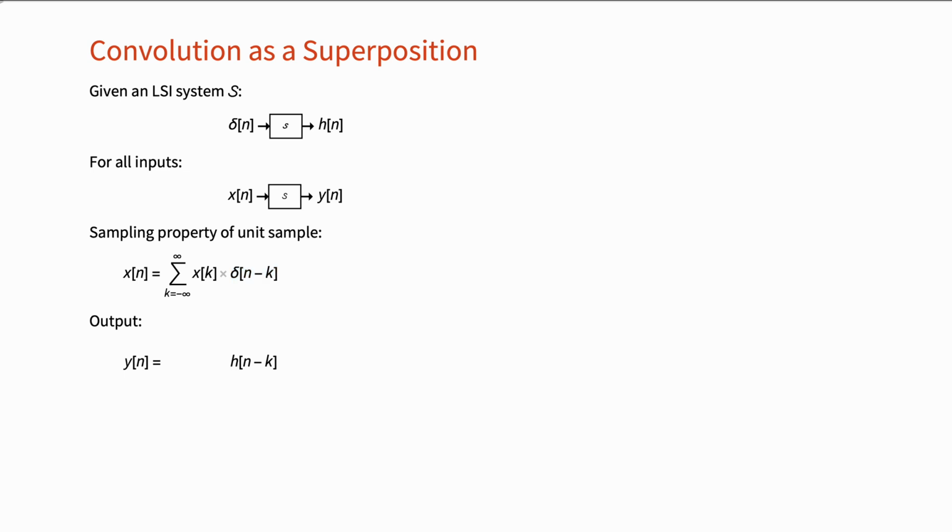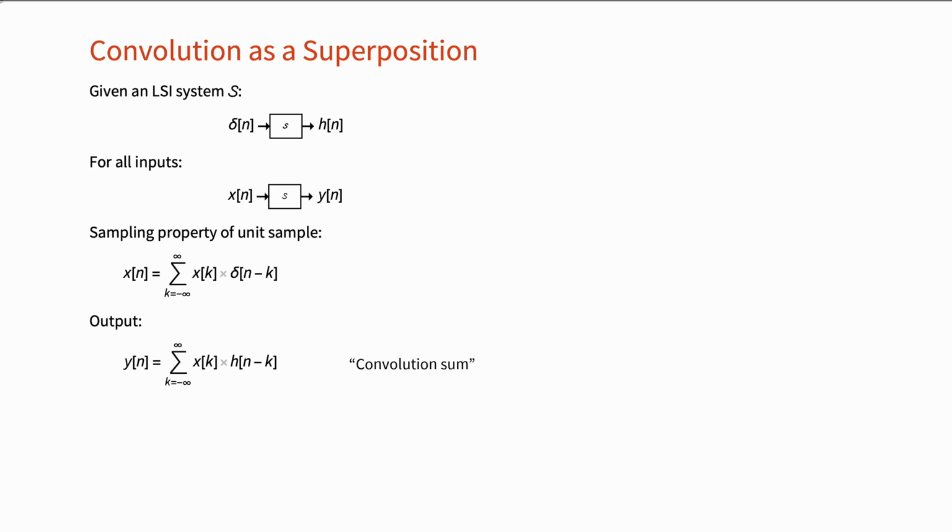And since the system is linear, the output to the sum of these impulses will be the same as the sum of the system responses to each of these sequences, as indicated here. This summation is called the convolution sum. Again, using this very powerful formula, we can write the output of an LSI system to any sequence x[n] if we know h[n], the impulse response of the system.